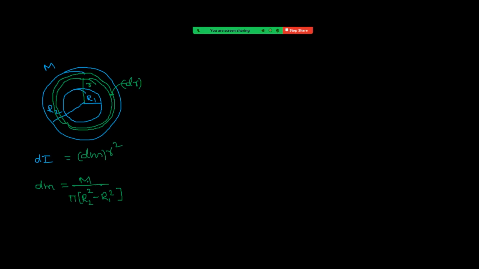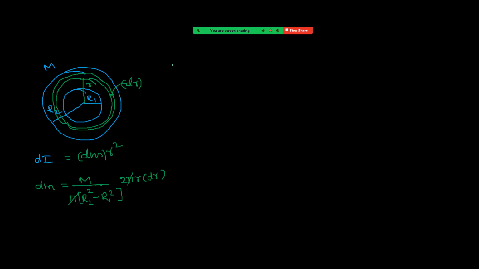Okay, this is the mass per unit area. Coming to the area of this ring, that is 2 pi r into dr. The only change is earlier we have taken M by pi r square, it is now r2 square minus r1 square. Now see carefully, pi gets cancelled.